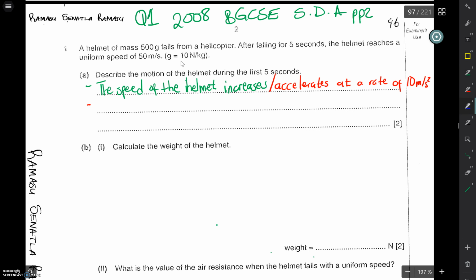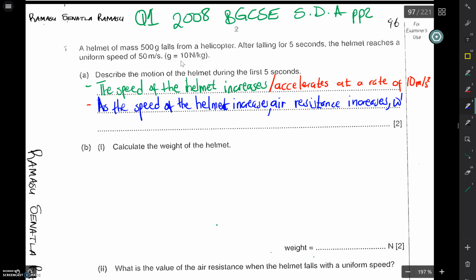Then the second point is that as the speed of the helmet increases, air resistance also increases, which leads to a decrease in acceleration.